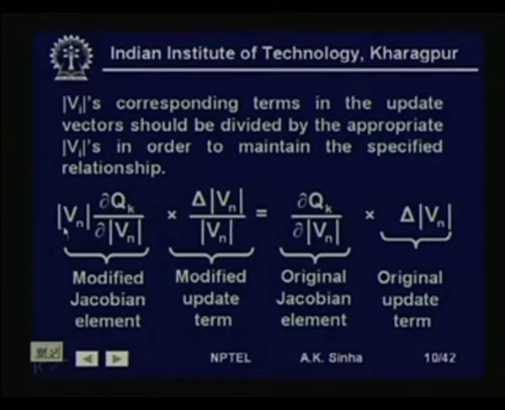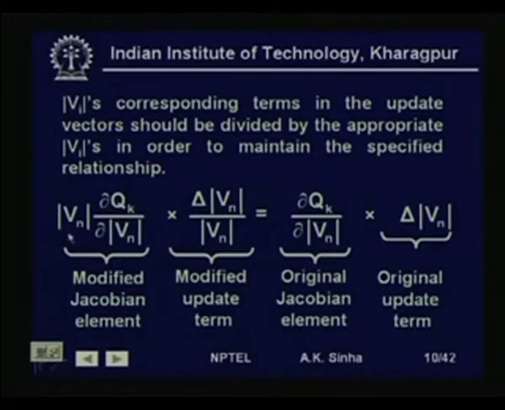So what are we doing? We divide this ΔVn term by Vn. Then what we will get is ∂Qk/∂Vn times ΔVn, which is the same term as in the original matrix.